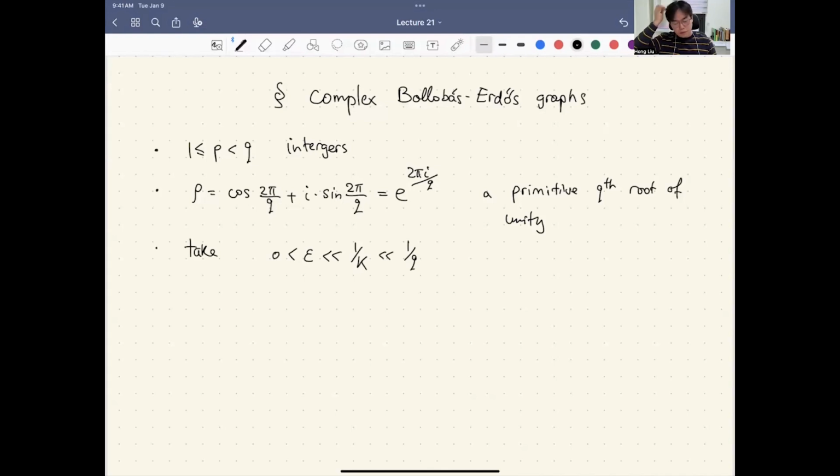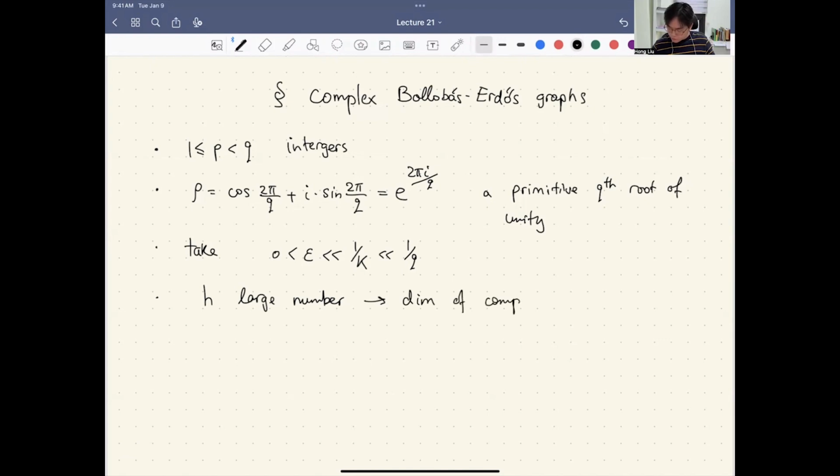And then on top of this, we take some dimension H, a large number to be determined later. This will be the dimension of the complex sphere that we would take.